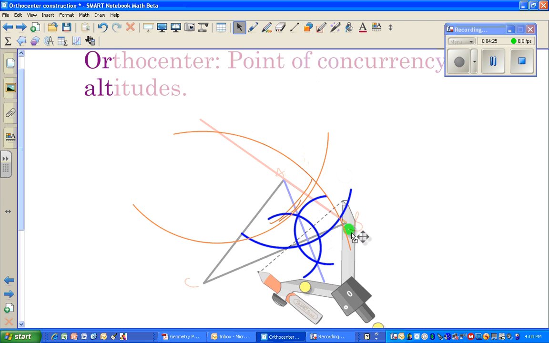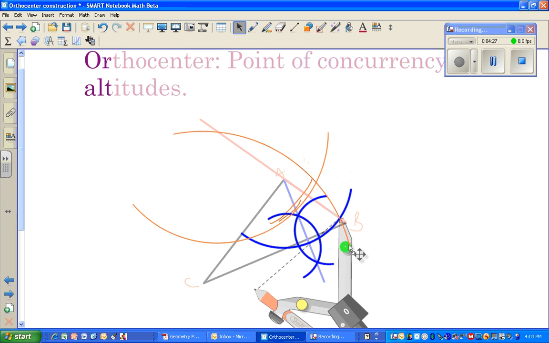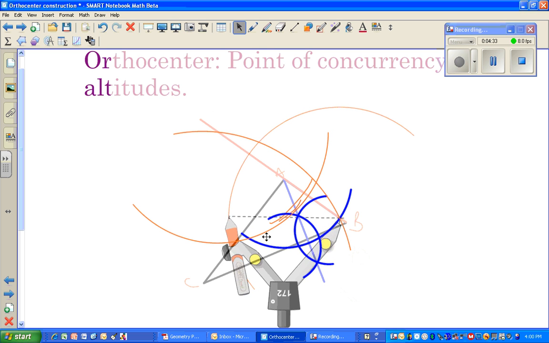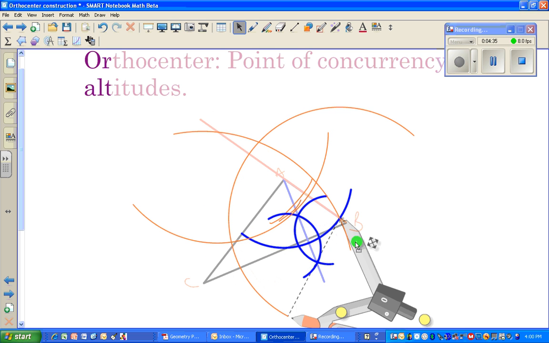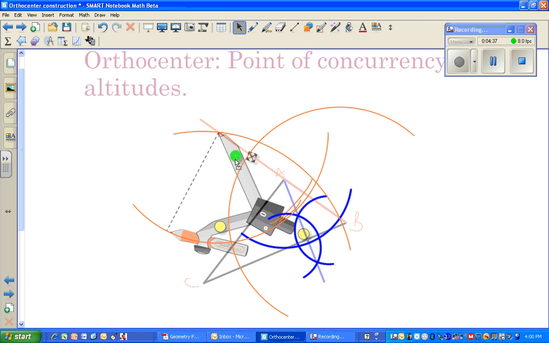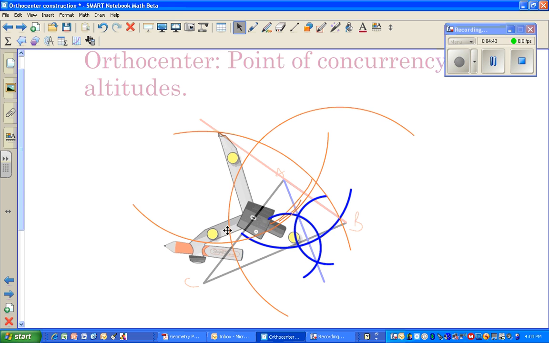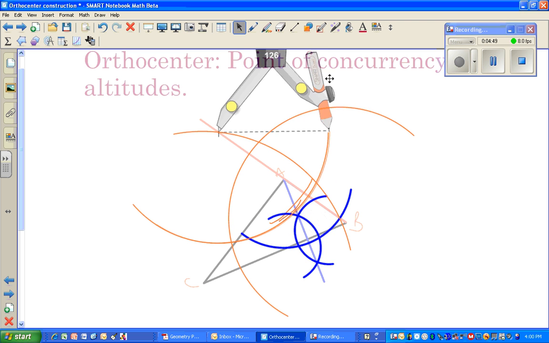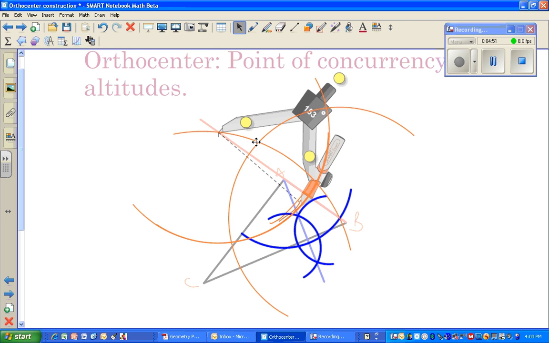And then I'm going to pivot on the other side of my smile and swing above and below. Okay, I didn't make my arc big enough the first time, so I'm going to have to come back to the other side of my smile. Extend that arc again. So I have my other point of intersection.